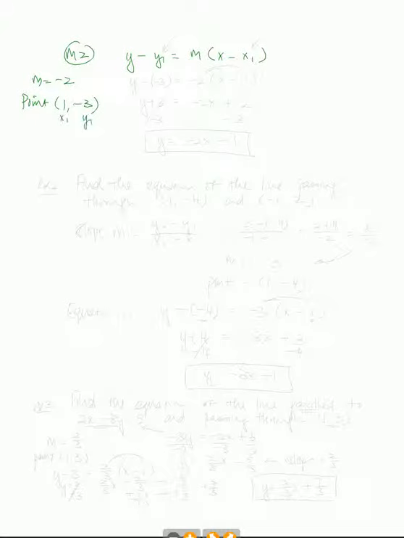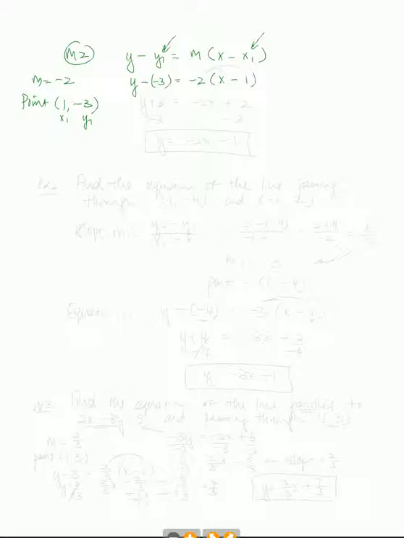So when we want to find the equation, it's going to be y minus the y1, which is the y coordinate, in this case -3, equals the slope, which is -2, and in the parentheses is going to be x minus the x coordinate of the point given to me, which is 1.